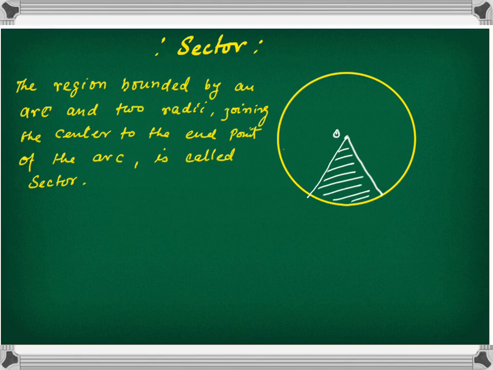The circle is divided into two sectors. This one is smaller and this one is bigger. This is called the minor sector and this part is called the major sector.